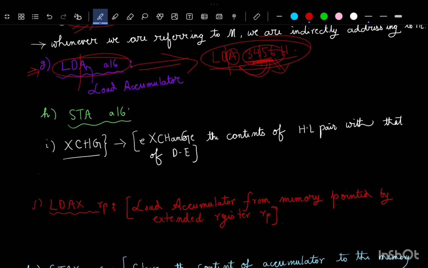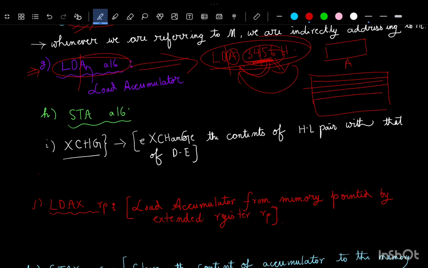This is the address of the memory location from which the content of that memory location will be loaded to the accumulator. So for example, we have this accumulator, right? And we have a memory stack. We have memory whose addresses start from 0000H to FFFFH, right?